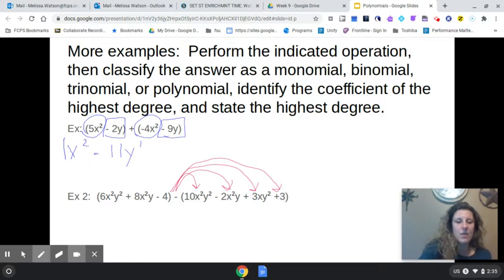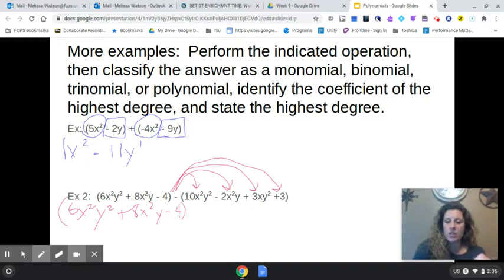Okay, so 6x squared y squared plus 8x squared y minus 4. Again, that first expression is not changing, but now we're distributing that negative sign through to every term in the second polynomial. So negative times 10x squared y squared would be negative 10x squared y squared.